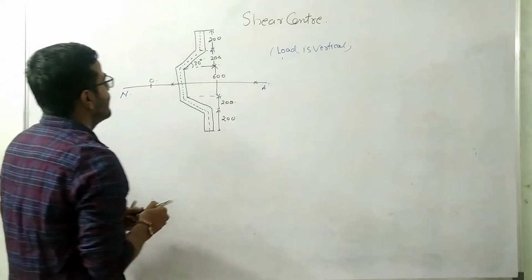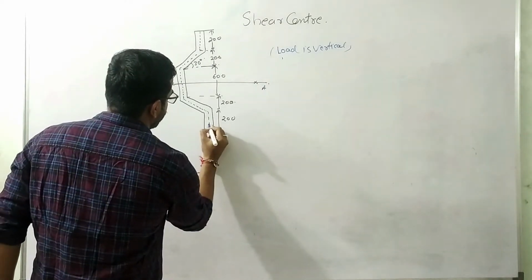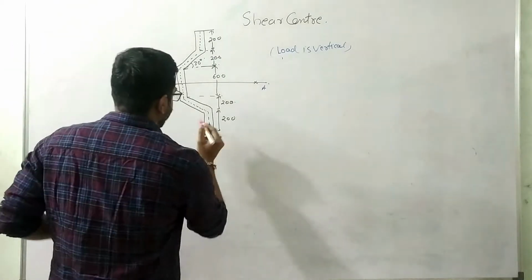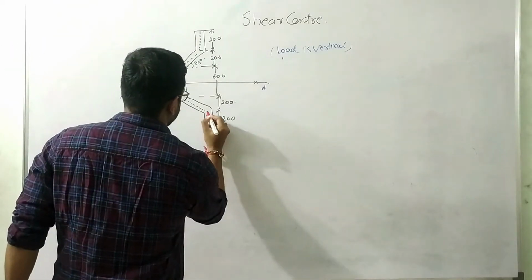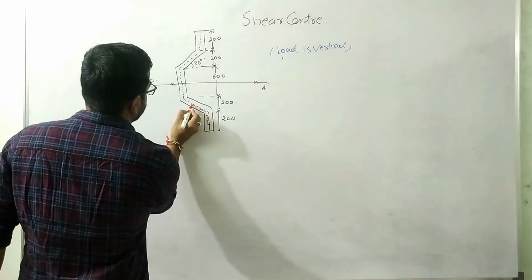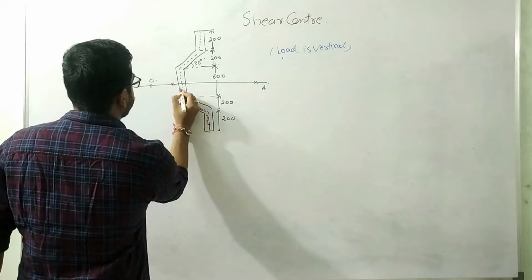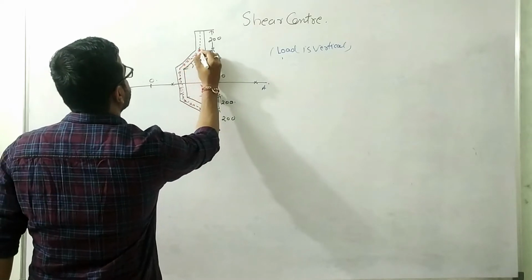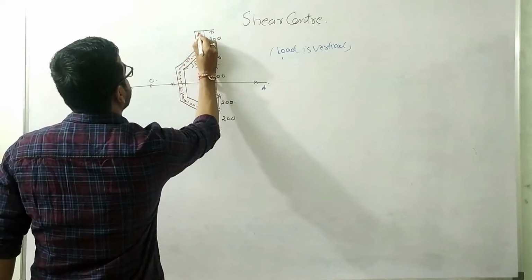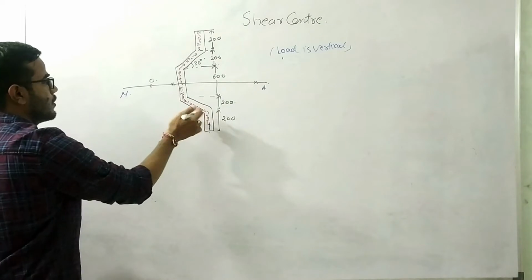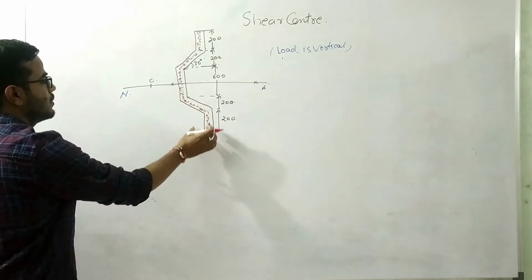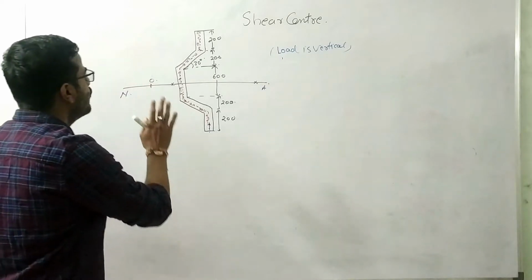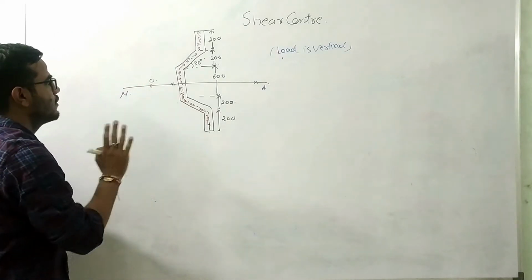So let us assume that the shear flow is acting along this direction, and we have assumed that the shear flow is constant across the width of the section. That's why I am showing only a single arrow, right? So now the direction of the shear flow is decided.